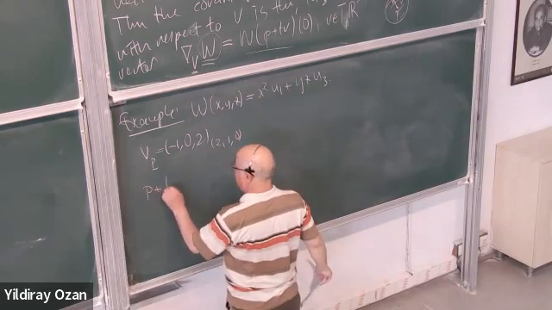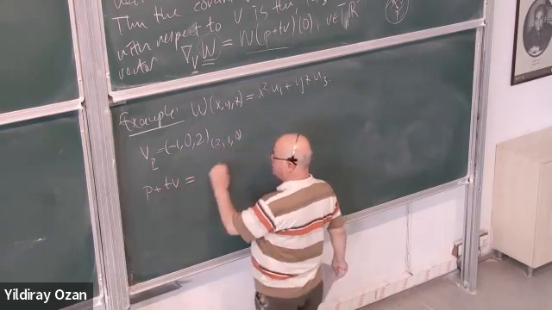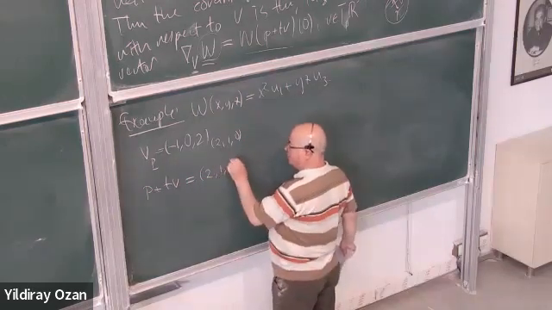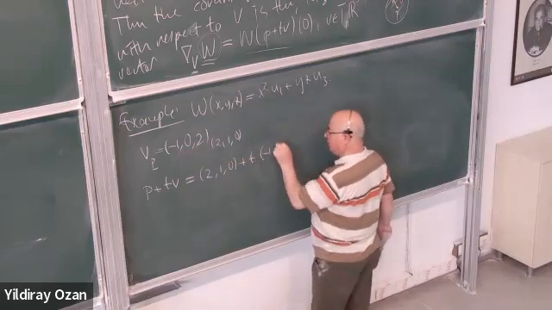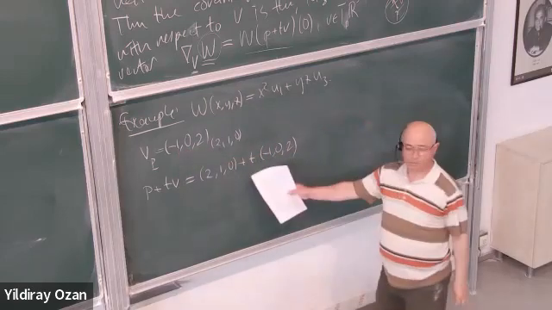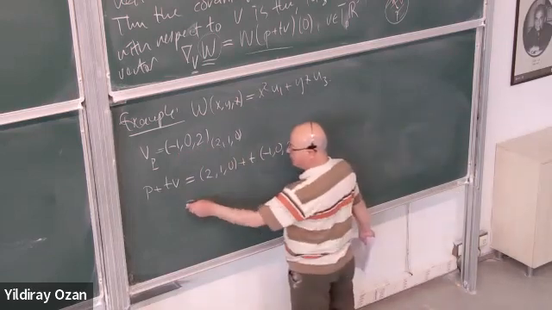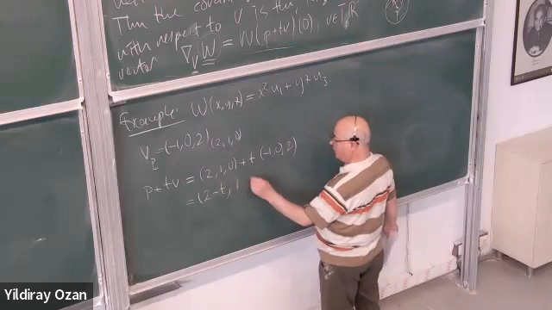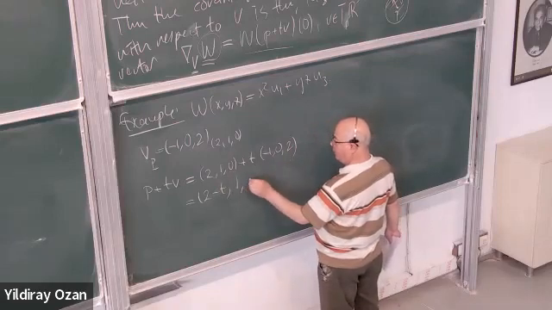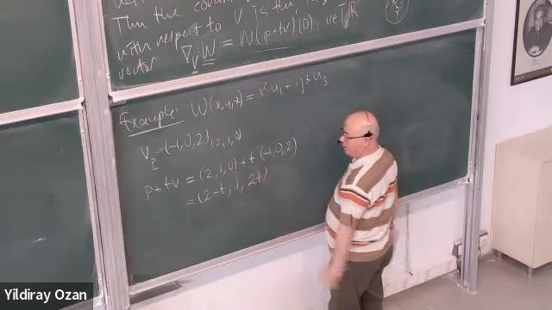So what is P plus TV? Well, P is this point, (2, 1, 0), plus T times V. V is this vector, right? So P plus TV is just (2 minus T, 1, 2T).